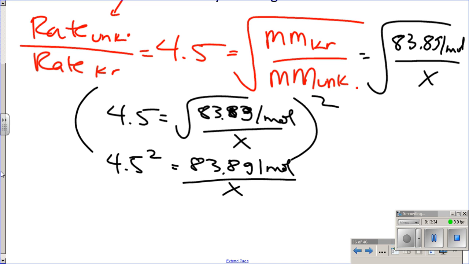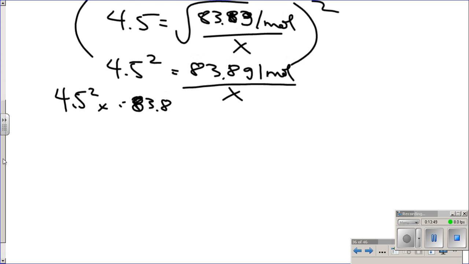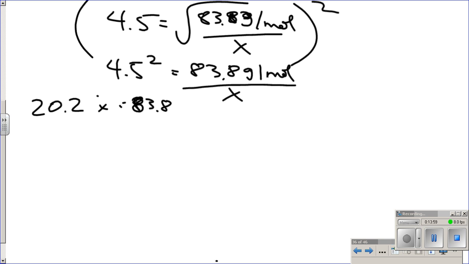Okay, keep going. How do I isolate X? Multiply. So take my X on both sides and multiply. So that's 4.5 squared times X is equal to 83.8 grams per mole. So what's 4.5 squared? What is it? 22? 20.25, I hear you now, sorry.